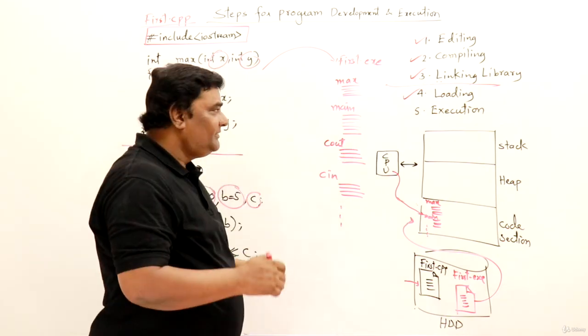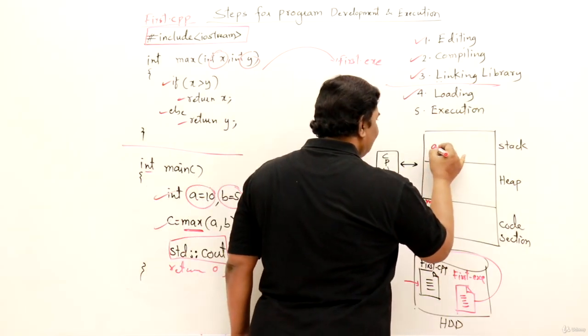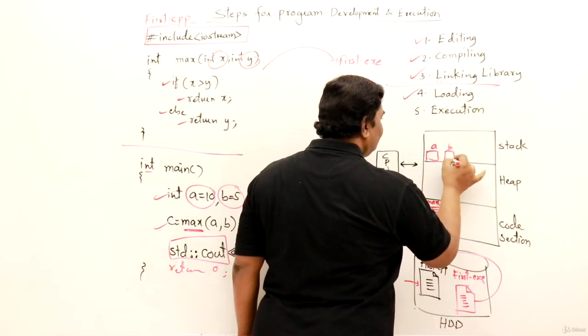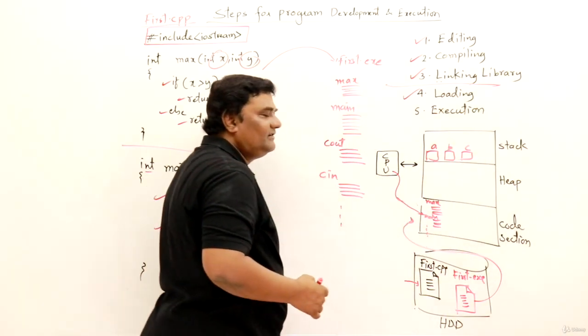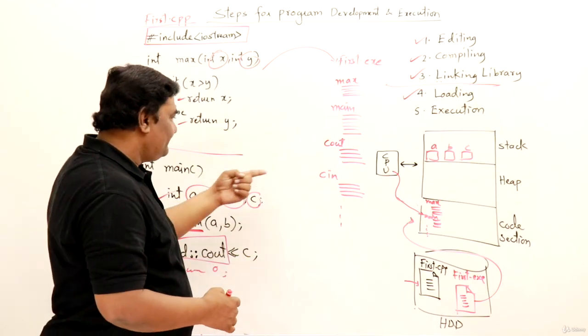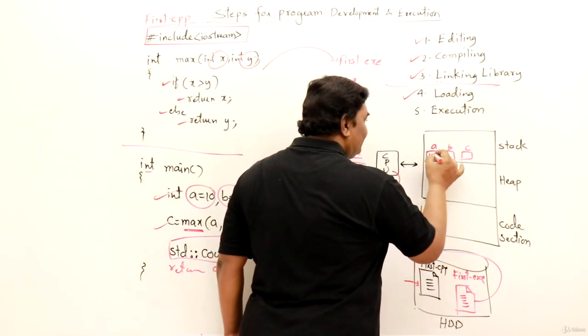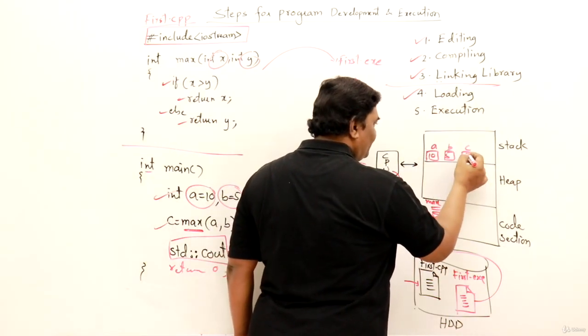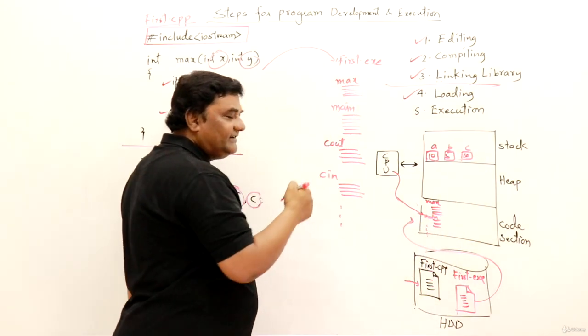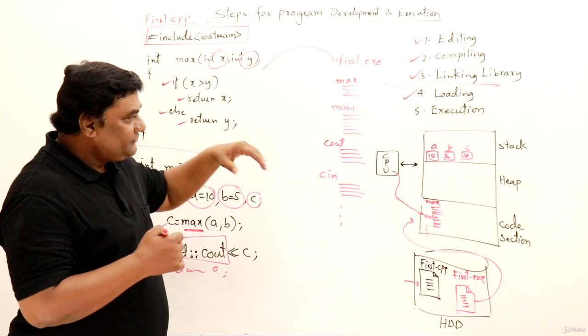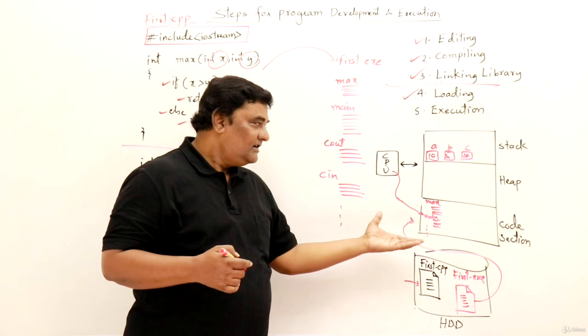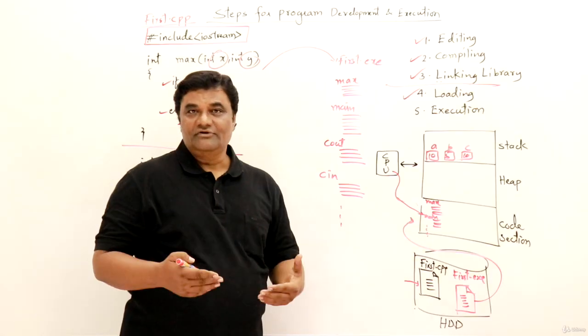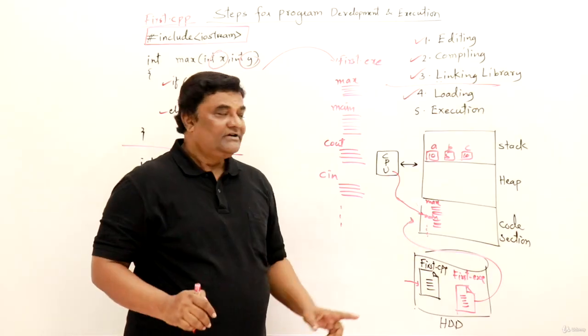So for the variables, space is taken inside the stack. Those variables will be created inside the stack during execution of a program. So stack is useful for variable creation and code section is useful for the program itself.